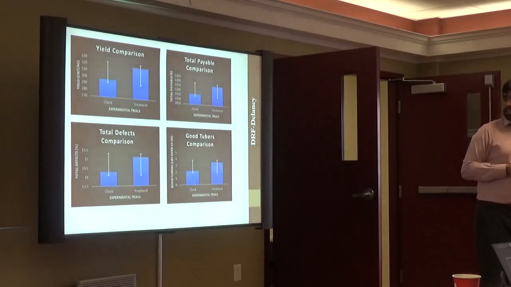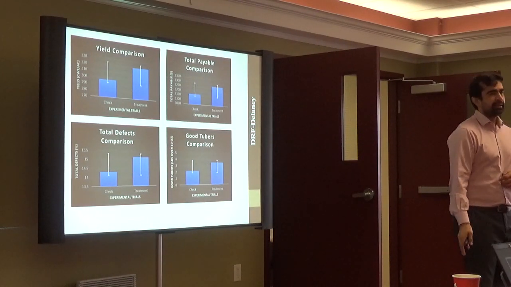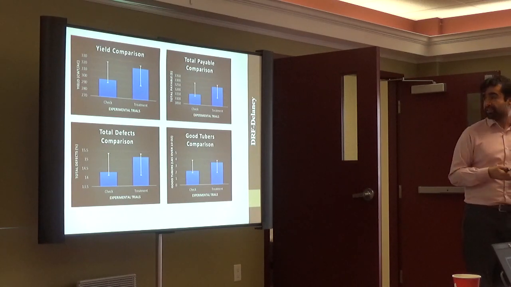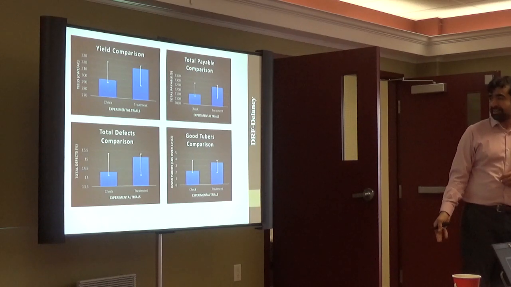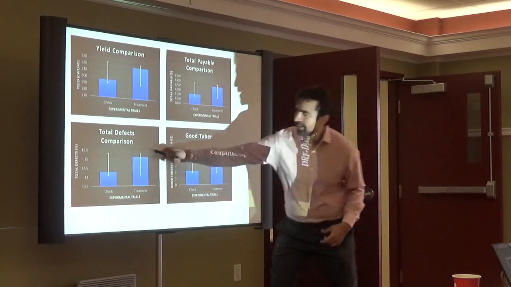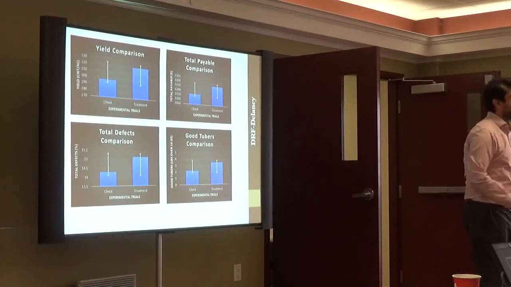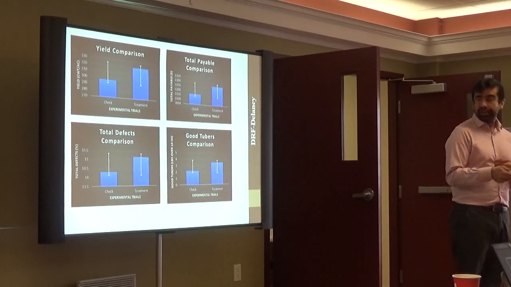For the second field, a similar trend was observed. The yield was higher by 25 to 30 hundredweight where the subsoiling was done, and the total payable was higher. Defects were found to be higher in this case, but the good tubers were also higher. In general, the trend was that the marketable yield was high.